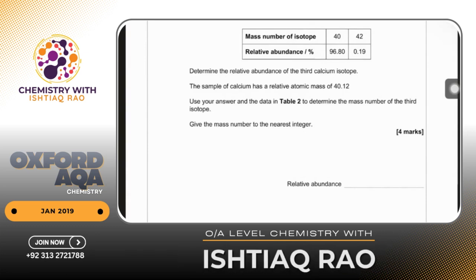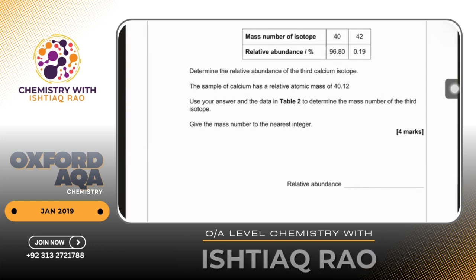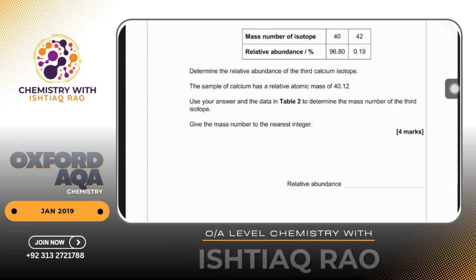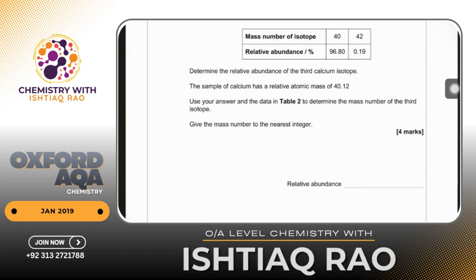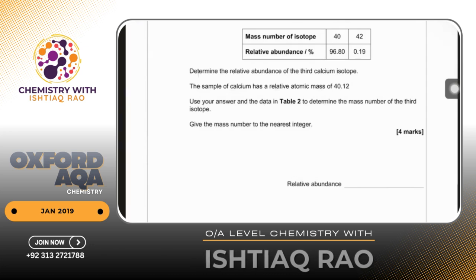So 40 times 96.80 plus 42 times 0.19, and then x times 100 minus 96.8 plus 0.19. Then you'll divide all of that by 100 and equal it to 40.12.